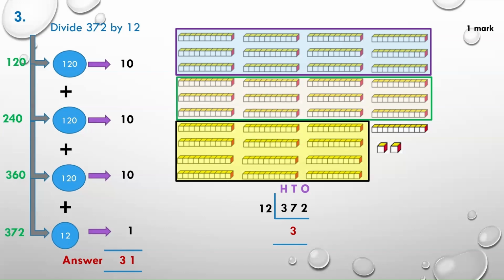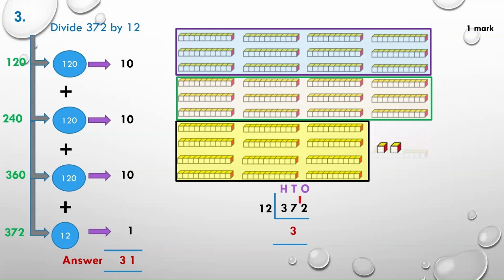So some people could work with it right here to form a group of 12. Others will say, well, they're not the same. How do I share that up? Can I find a group of 12 from there? Well, I can take 1 ten and let's write it there because that's the remainder. I'm trying to use the terms your teachers usually use in class. We now have 1 ten and 2 ones.